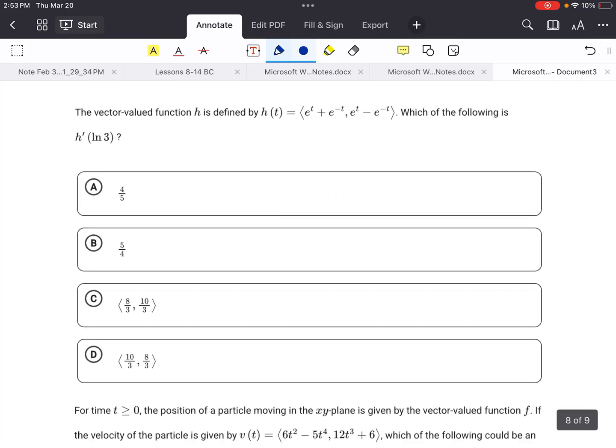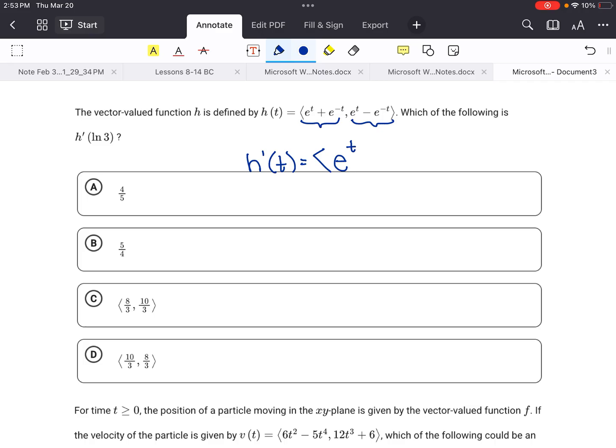Okay, we're getting close to finished. So another one where I'm asking a derivative of something that has an x and a y. So I'm going to do the derivative of the x part. This is going to be messy. Derivative of e to the t is itself.